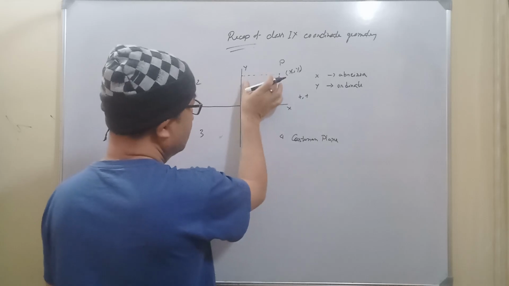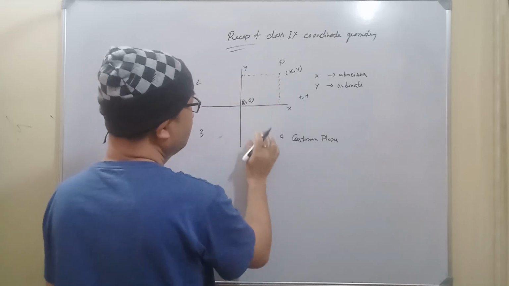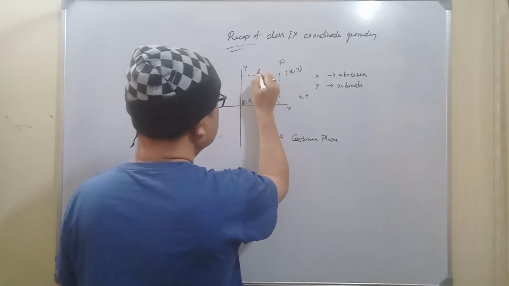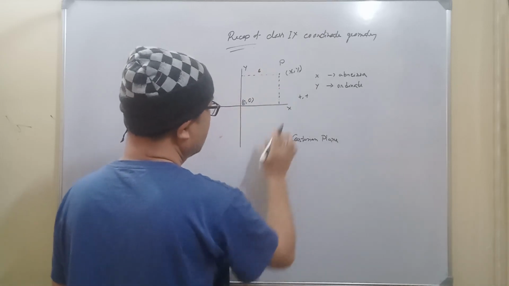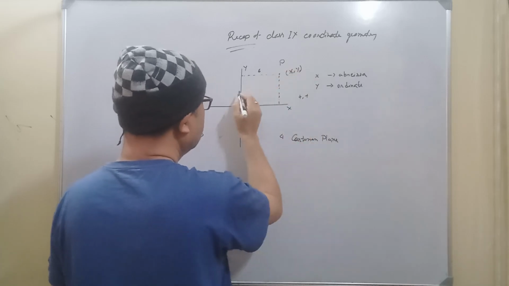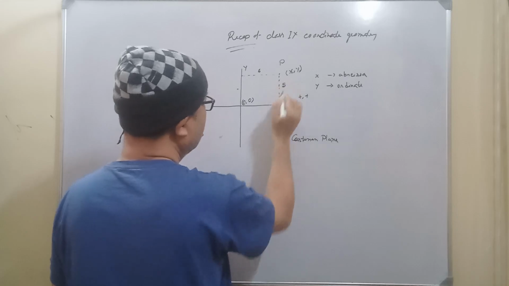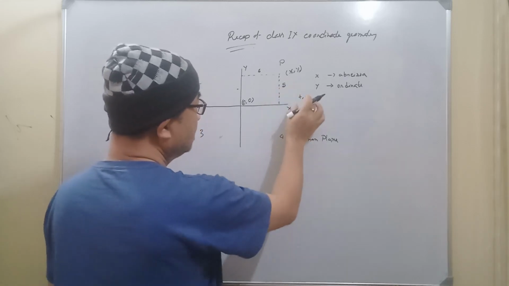Suppose the perpendicular distance from here to here is say 6, and perpendicular distance from here to here is say 5. So what will be the coordinates?